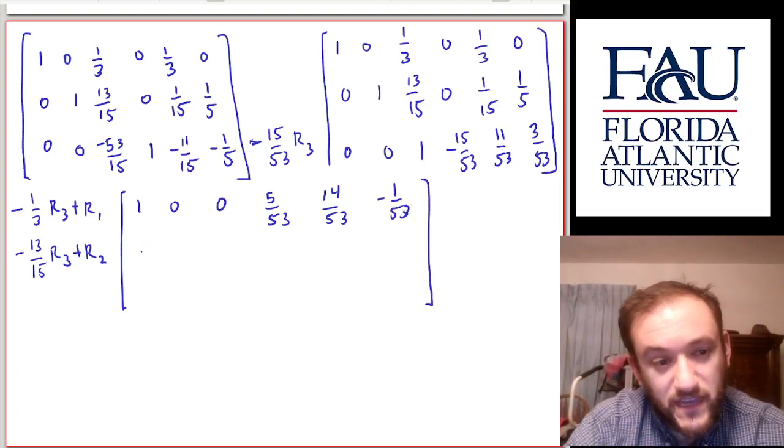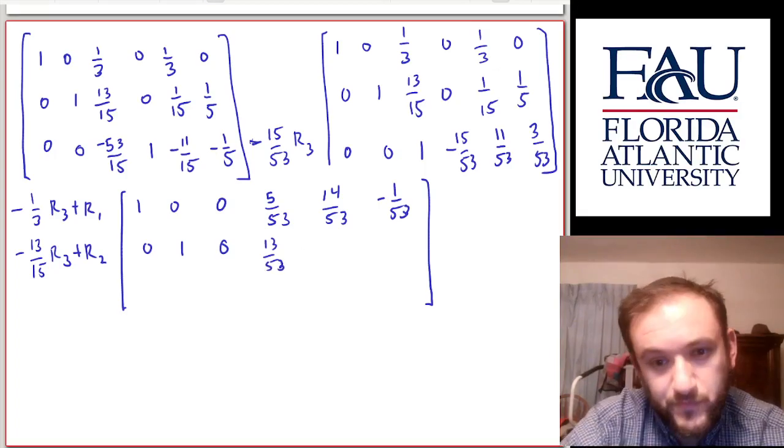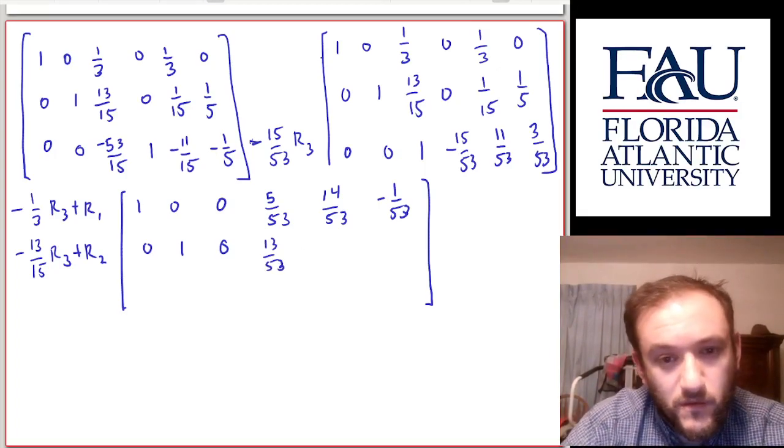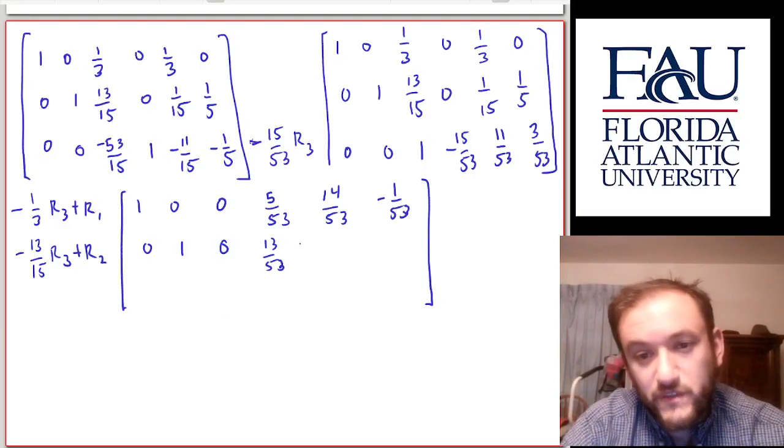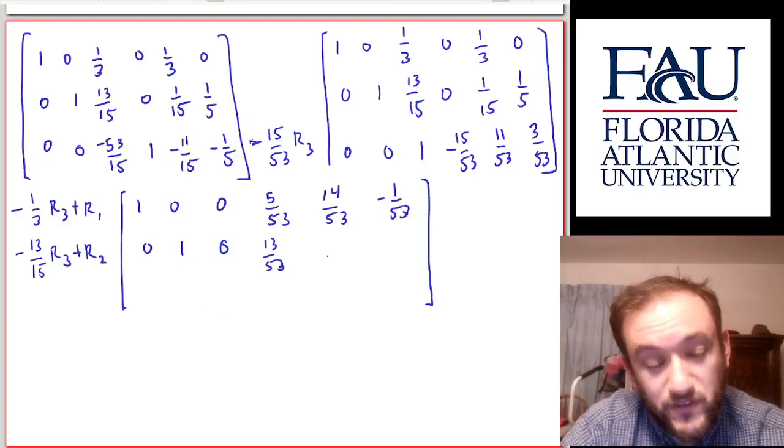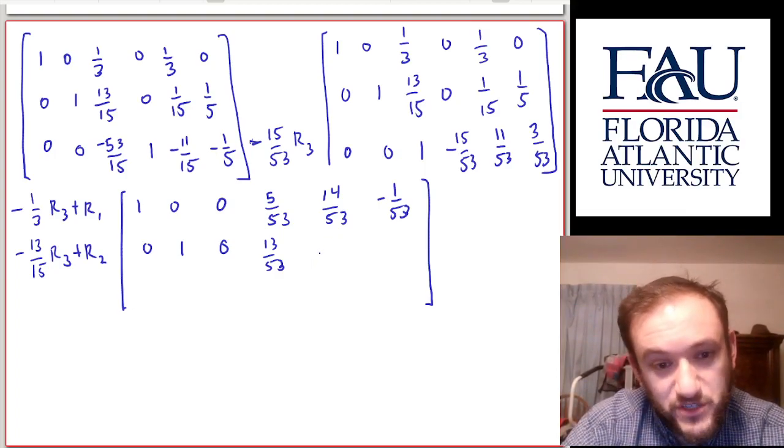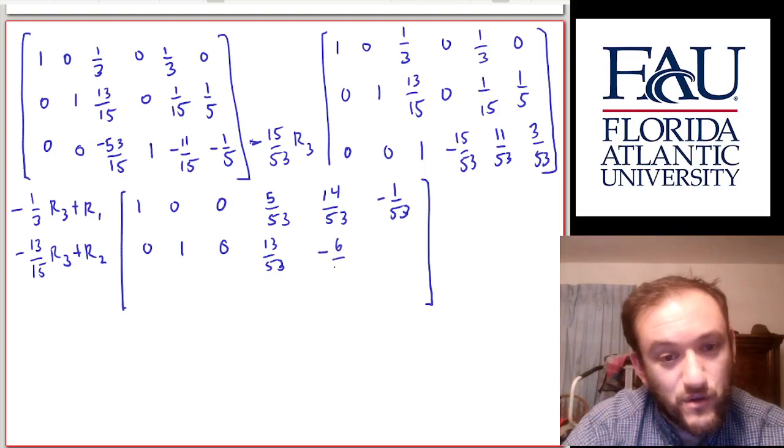Okay, as for the second row, we have 0, 1, 0, and then 13 over 53. Minus 13 over 15 times 11 over 53 plus 1 over 15, after some computation, comes out to minus 6 over 53.